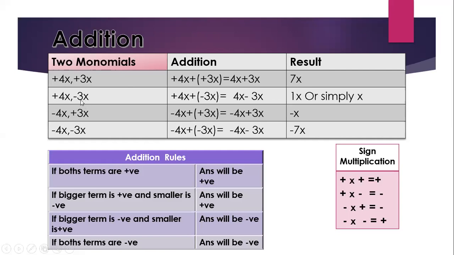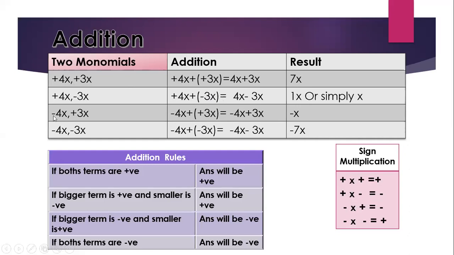Now, if one term contains a minus sign, that means 3 contains the minus sign, and outside the bracket there is a plus sign. These two signs are multiplying: plus minus, minus. So plus minus becomes minus. 4 minus 3, we get 1x or simply x.